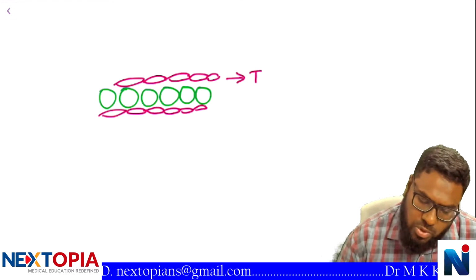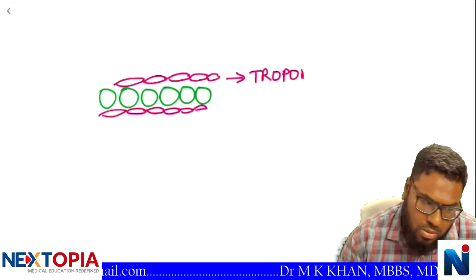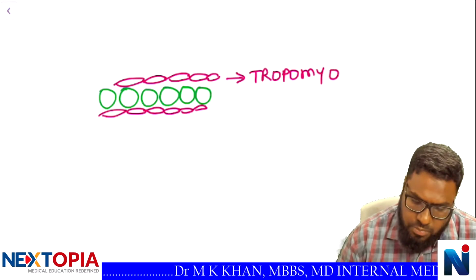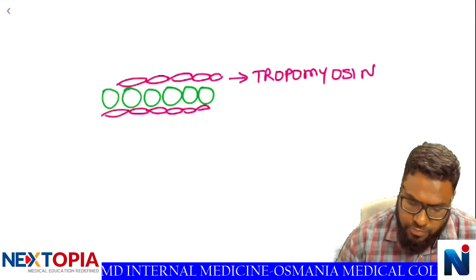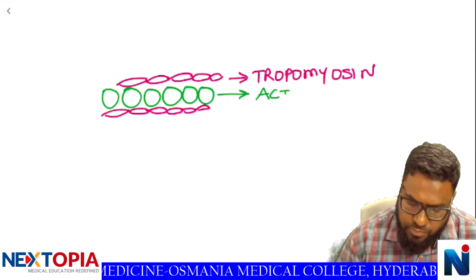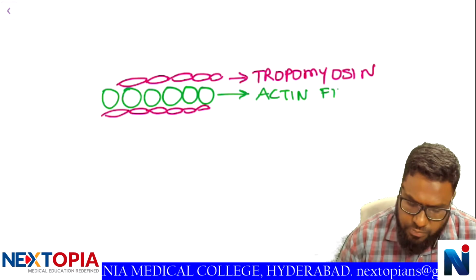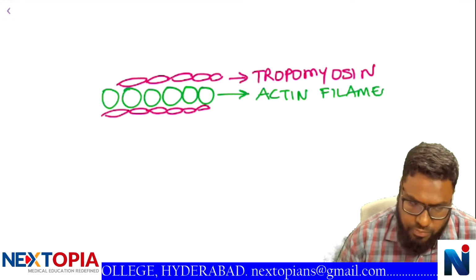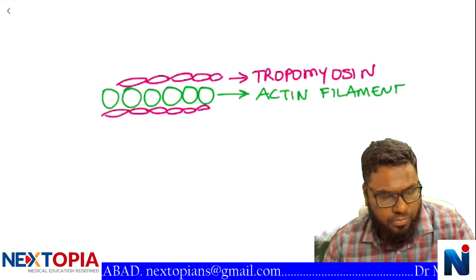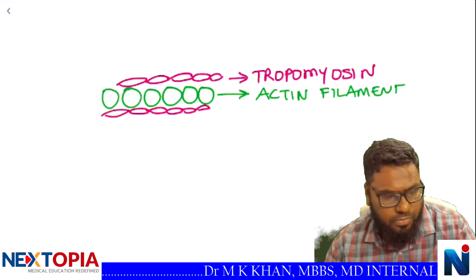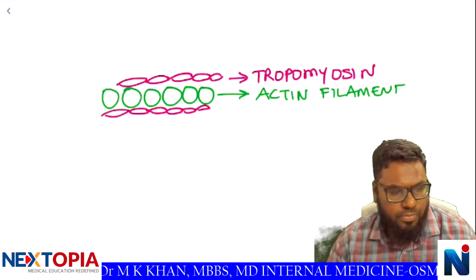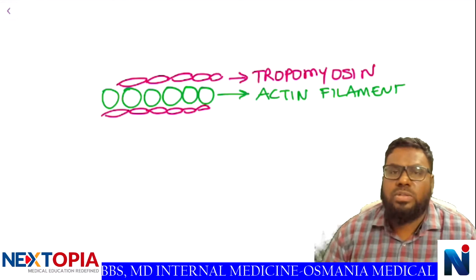So this is tropomyosin, the tropomyosin and the actin filament.